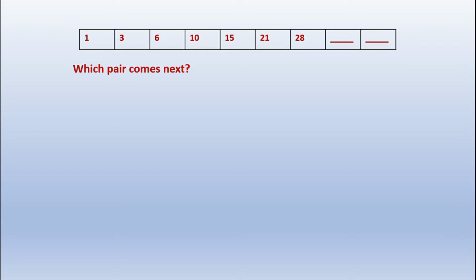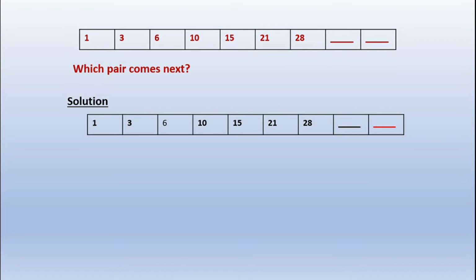Okay, let's look at another number pattern related problem. In this problem also there are two blanks at the end of pattern. So, when solving this, we can identify a pattern in there also. So, 1 plus 2 equal to 3, 3 plus 3 equal to 6, 6 plus 4 equal to 10.